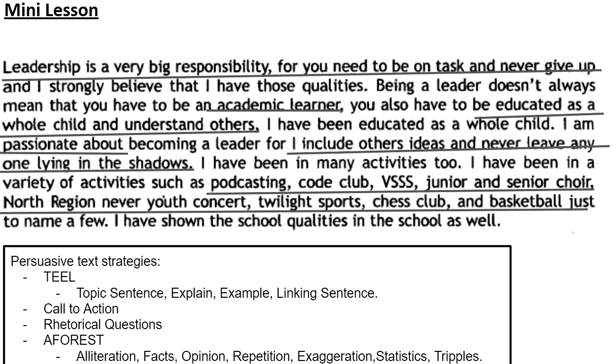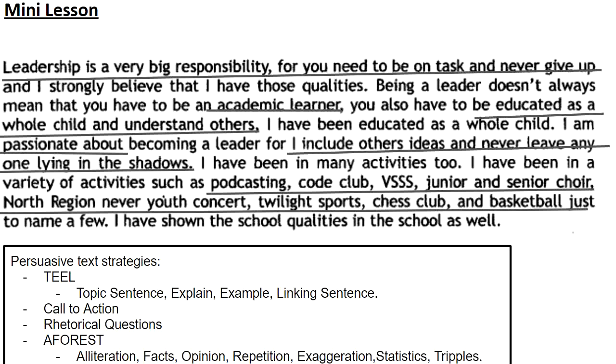Here, in the very last sentence, this is actually a linking sentence. We can't see the next paragraph, but it is talking about the school values. So the author has used a linking sentence to give us a glimpse of what they will talk about next and also create that flow.